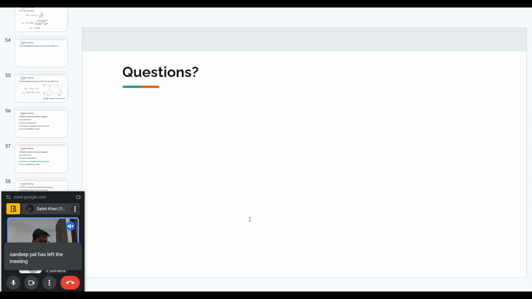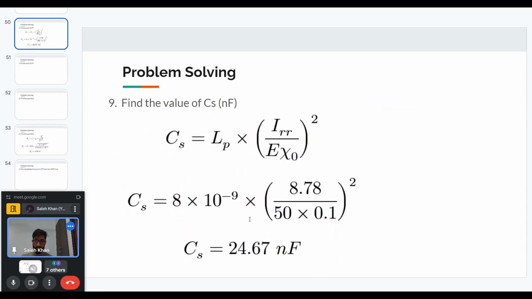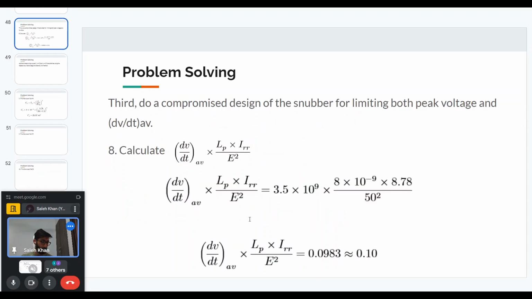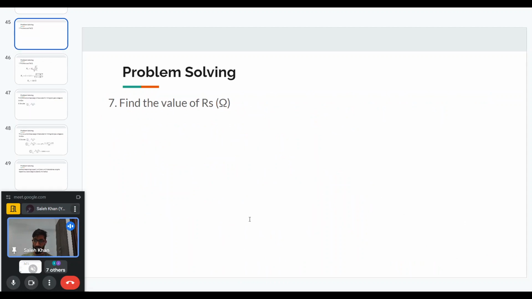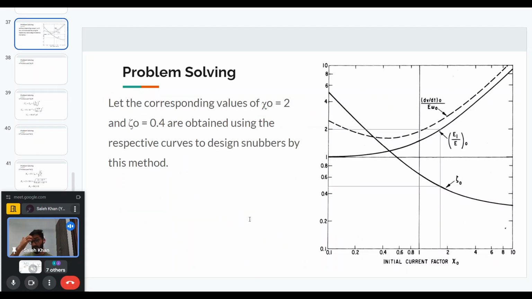If there are no more questions, then we can move to the pulse transformer. Right now I don't have those waveforms, but if you see the course lecture, those are given.